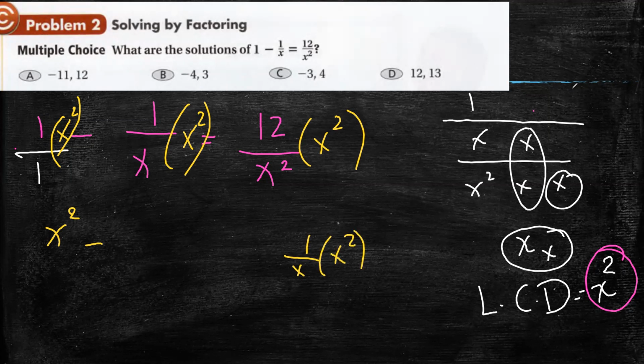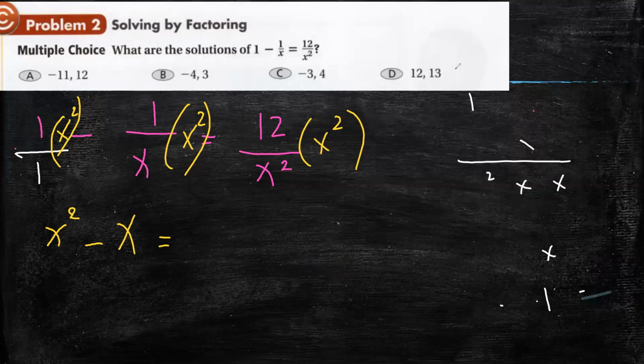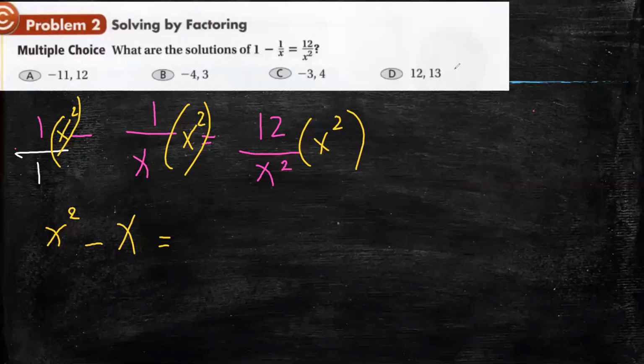It will be x, because we have two x's. Then 12 over x squared times x squared will be what? X squared over x squared cancels. It will be 12. Yes.